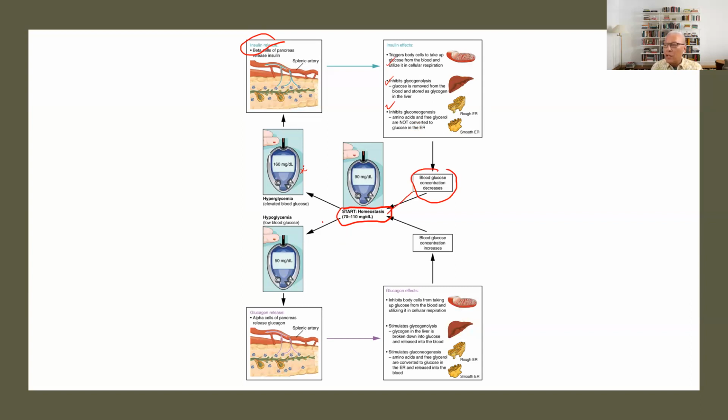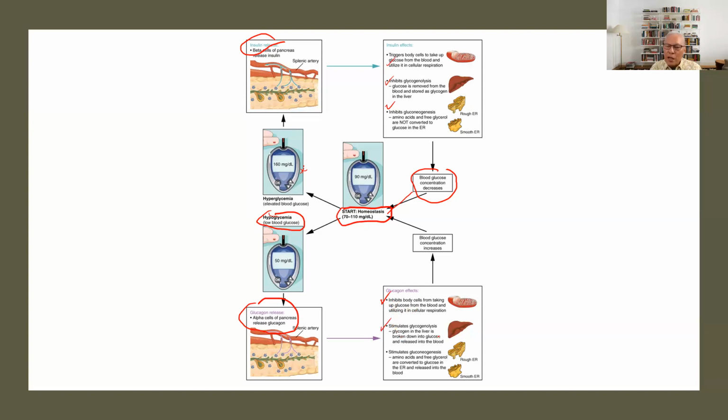However, if the person develops hypoglycemia or a low blood glucose, what's going to happen is that there's going to be stimulation of the alpha cells, and glucagon is going to be released. And the action of glucagon is it inhibits body cells from taking up glucose. It stimulates glycogenolysis.